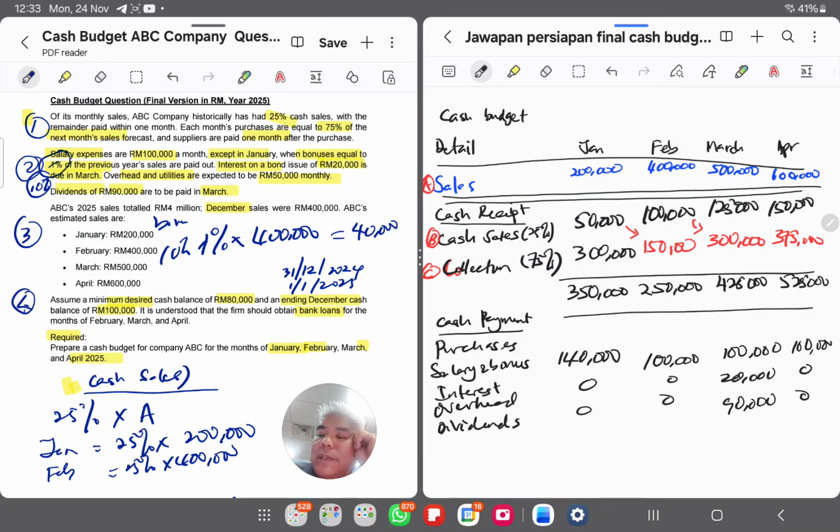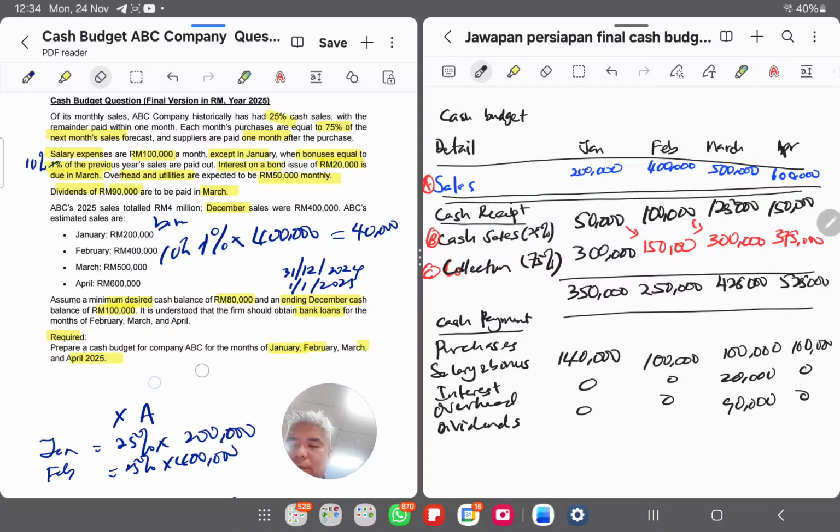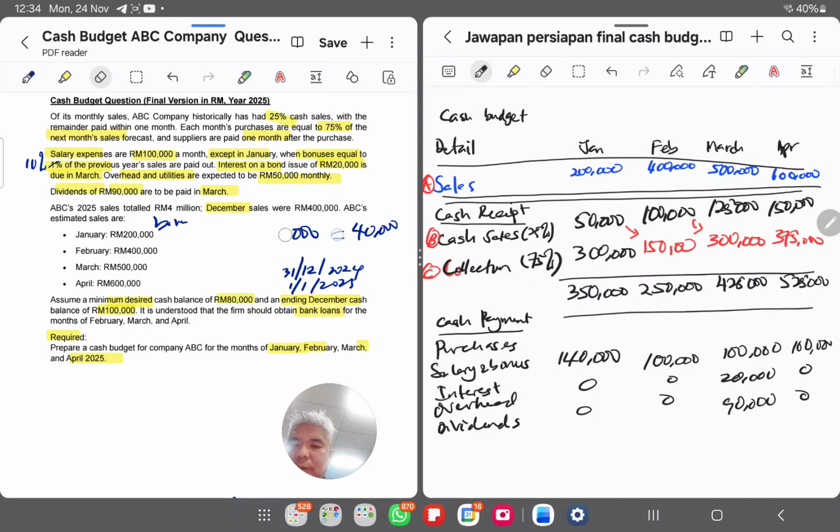And purchase is slightly difficult. Purchase, we have to purchase, then you have to pay.